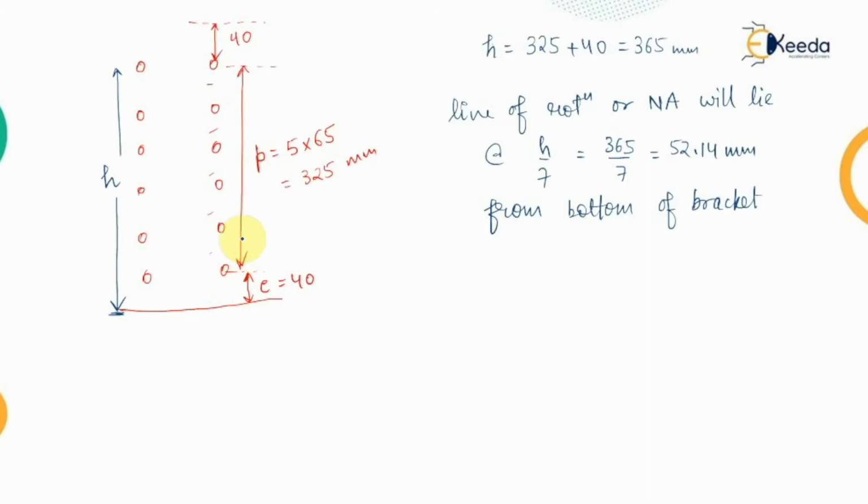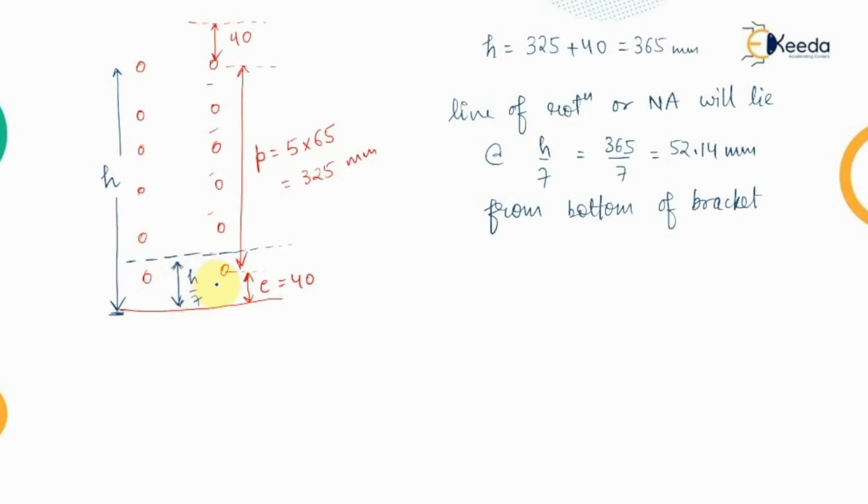That means there will be a line about which the moment will be acting, and this distance h by 7 comes out to be 52.14. Because it is greater than 40, that's why we have shown it above the lowermost bolt.